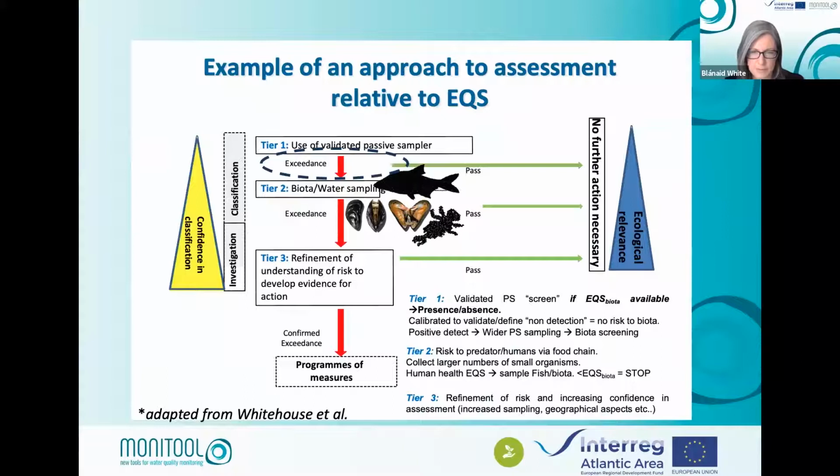If there is, then we would deploy passive samplers, DGTs, more widely. And if there are exceedances there, then potentially move to tier 2 and move to tier 3 if there are confirmed exceedances as part of that risk assessment. But the increased sampling would allow us greater confidence as part of that assessment.